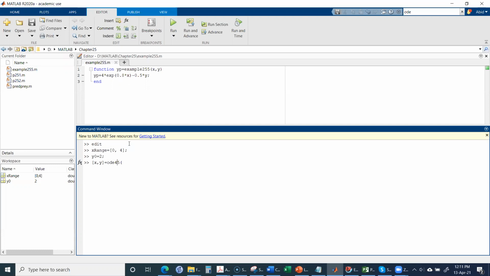The 45 here means that it uses the fourth and fifth order Runge-Kutta method for the solution of the equation, with adaptation. Similarly, there are some other functions as well, maybe ODE23, ODE12 as well.